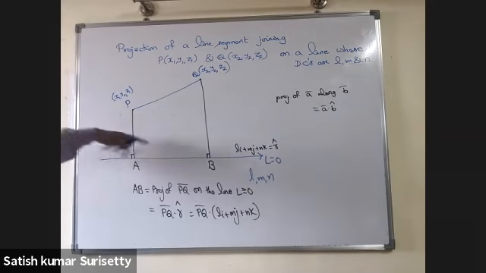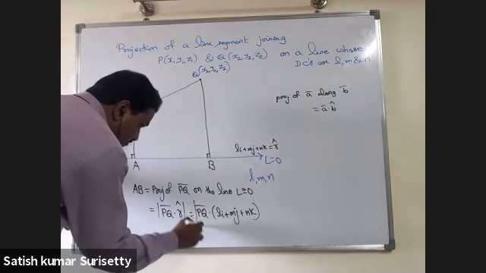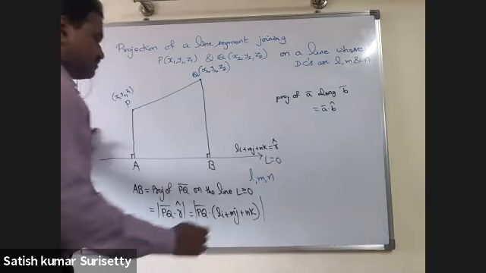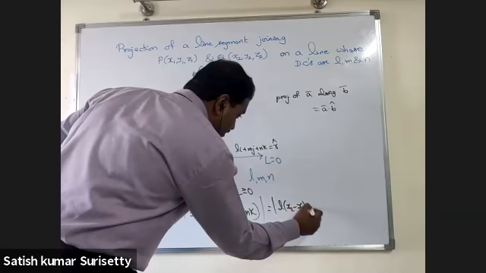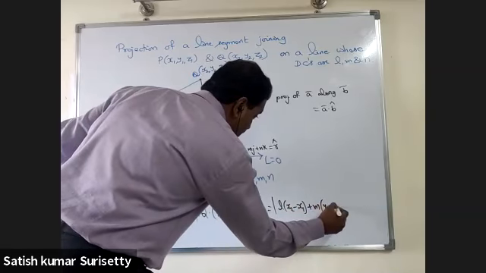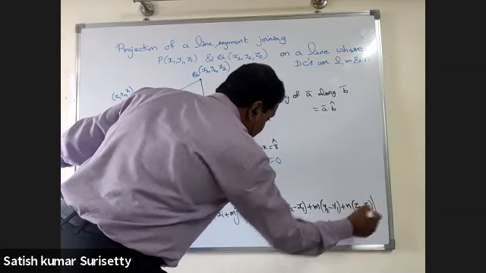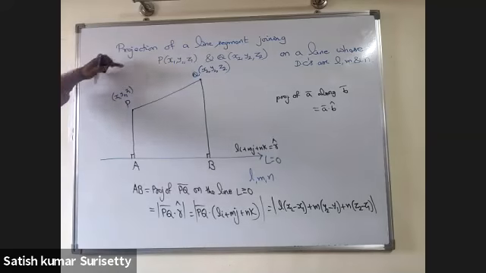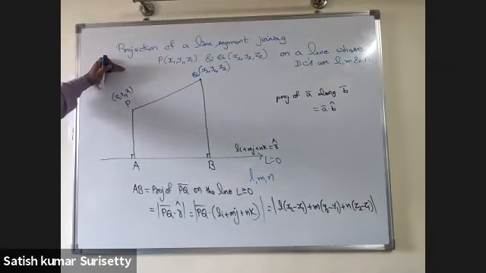Because projection is a length, it is positive, so you write the modulus. Now take the dot product: modulus of L into (x2 minus x1) plus M into (y2 minus y1) plus N into (z2 minus z1). So the projection of PQ bar on a line whose direction cosines are L, M, N is modulus of L(x2 minus x1) plus M(y2 minus y1) plus N(z2 minus z1).